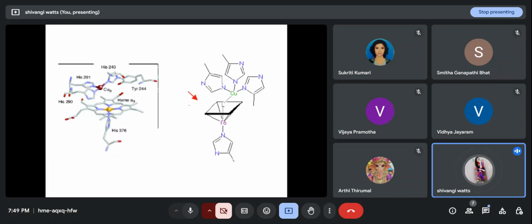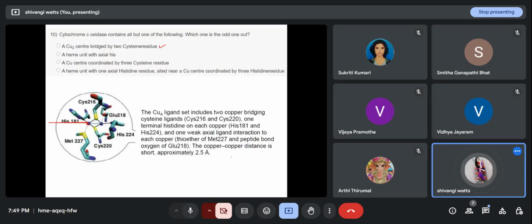So this is the active site of cytochrome C oxidase, and this is the heme unit. So heme unit is having axial histidine. So iron is coordinated to the histidine which is present in the axial position. So this is also a right option.